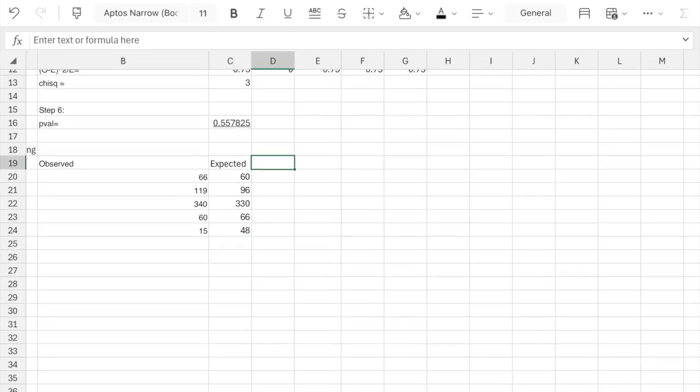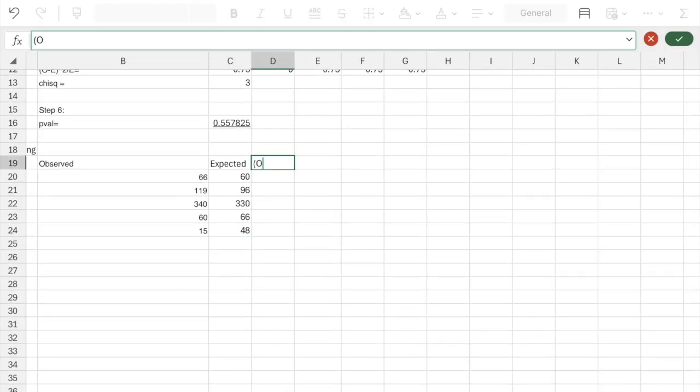Now we need our (O minus E) squared divided by E. Equals, parenthesis, O minus expected, squared, divided by expected, enter.